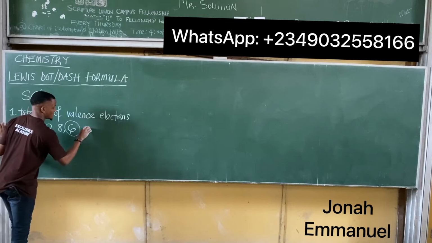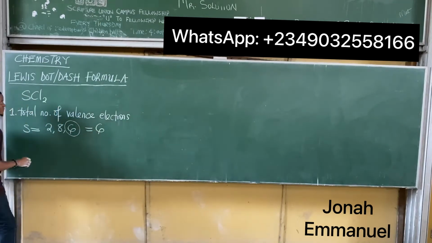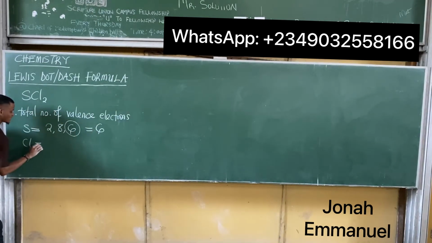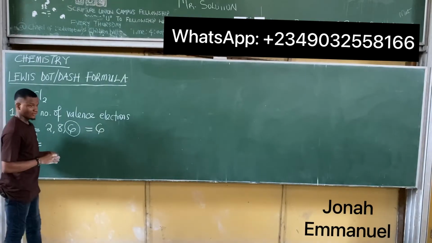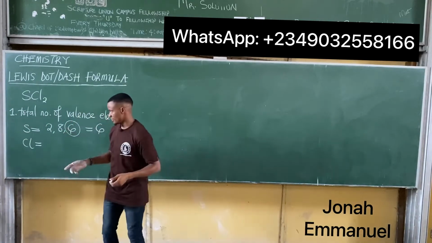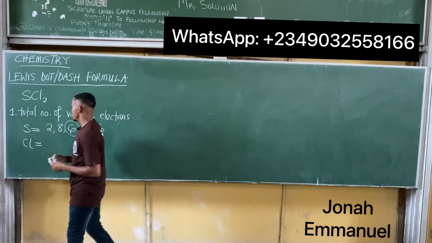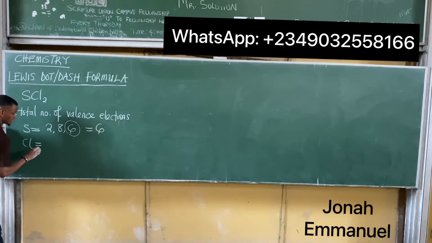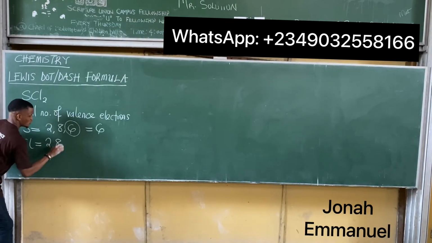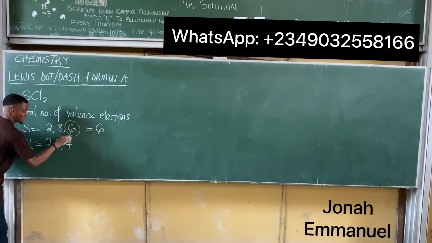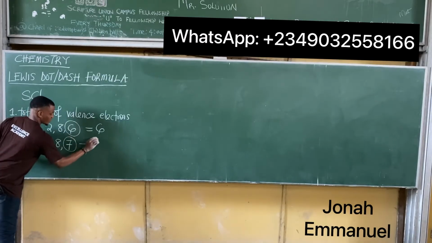Sulfur has 6 valence electrons. Chlorine is atomic number 17. The KLMN shell configuration becomes 2, 8, 7. Hence, it has 7 valence electrons.